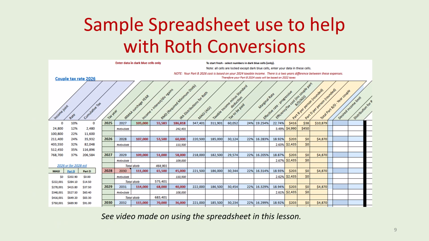Okay, this is sort of a spreadsheet. I have it in Google Sheets, and you could put down the years that you're trying to work out. Here I use the tax rate for 2026. You can see the tax brackets for these years. Now, when you worry about taxes, if you go over a tiny bit, it's not a big deal. It's not a cliff. You just pay additional taxes on the amount you go over.